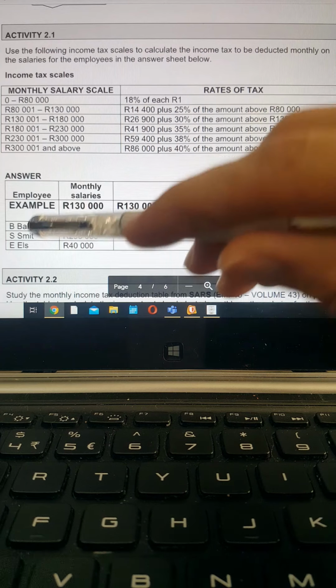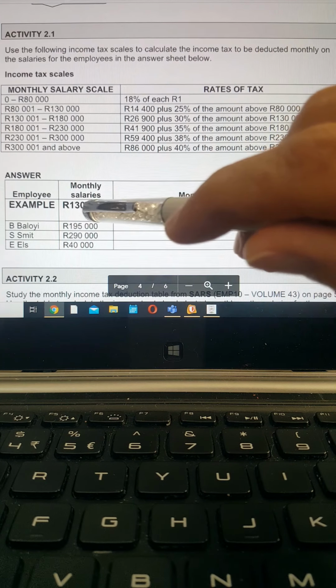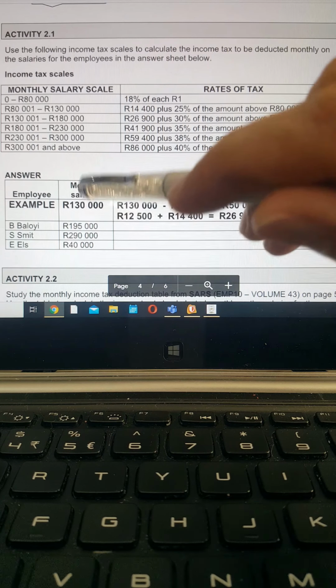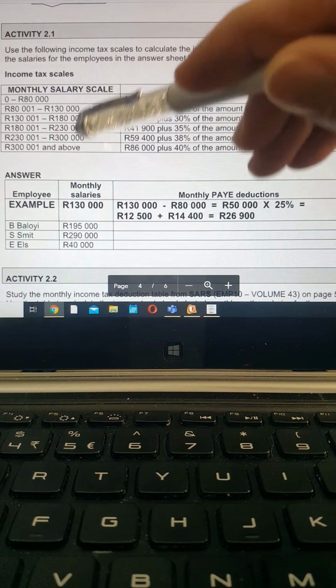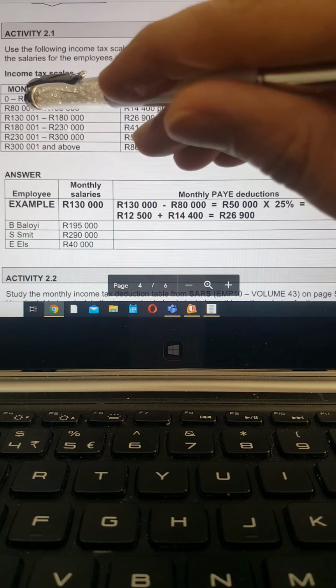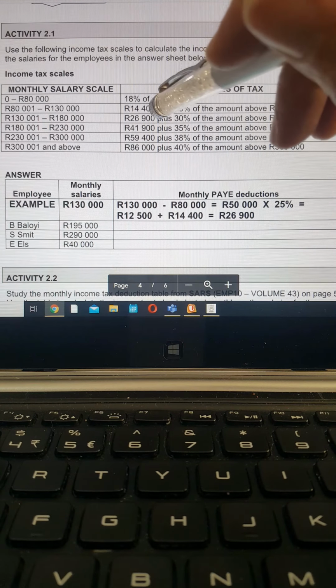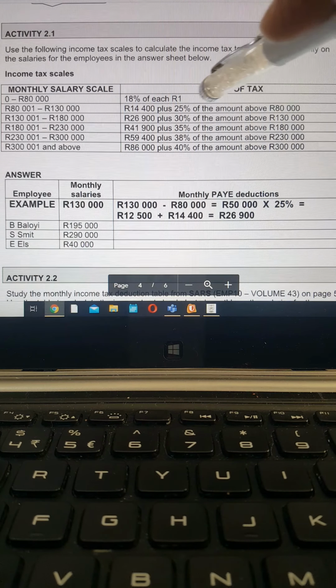They've given you an example here. 130,000 rand is the salary. So which scale am I on? That's the first part that I need to do. I'm looking at the different scales to see which scale I'm on. I'm on 130,000 rand, so I have to go here. Then I need to go to this part to see how much tax I need to pay.